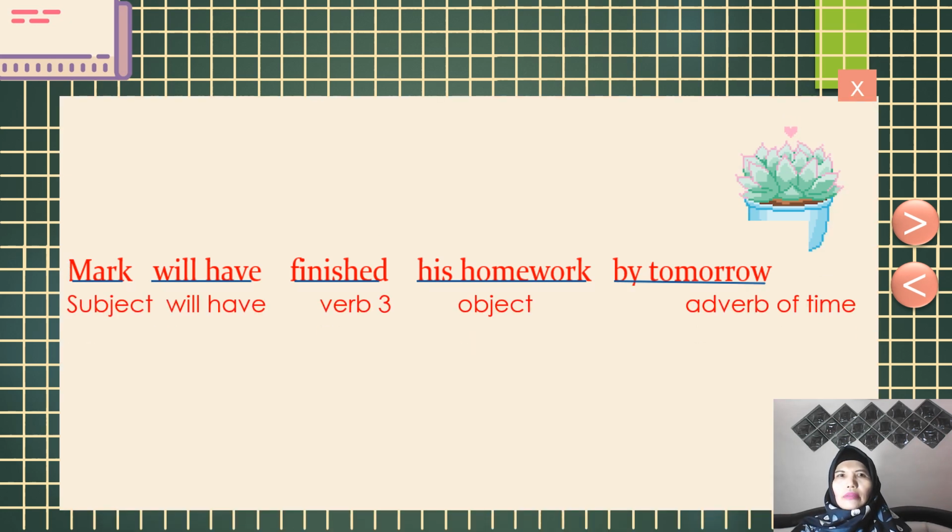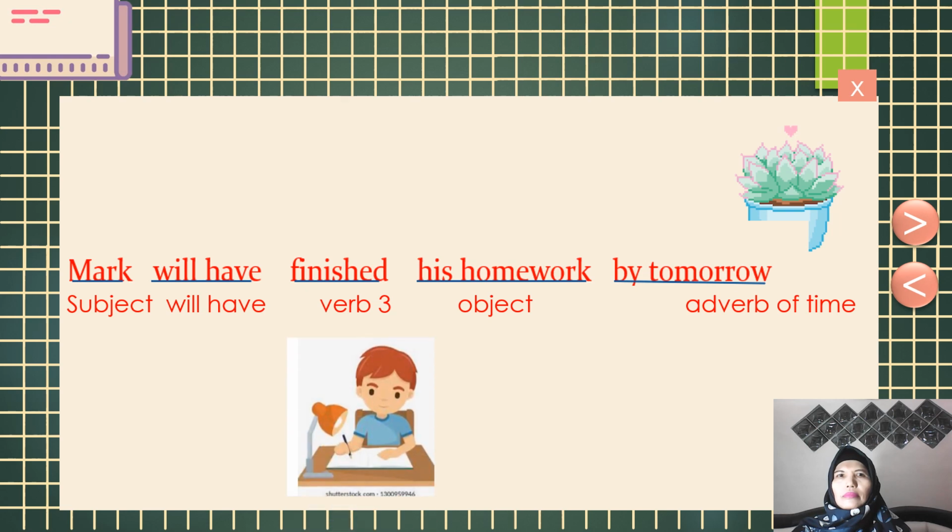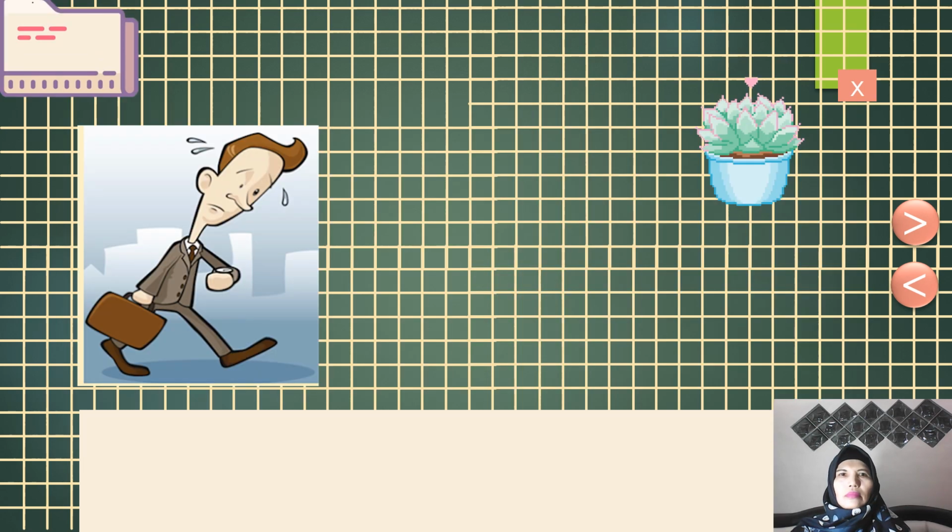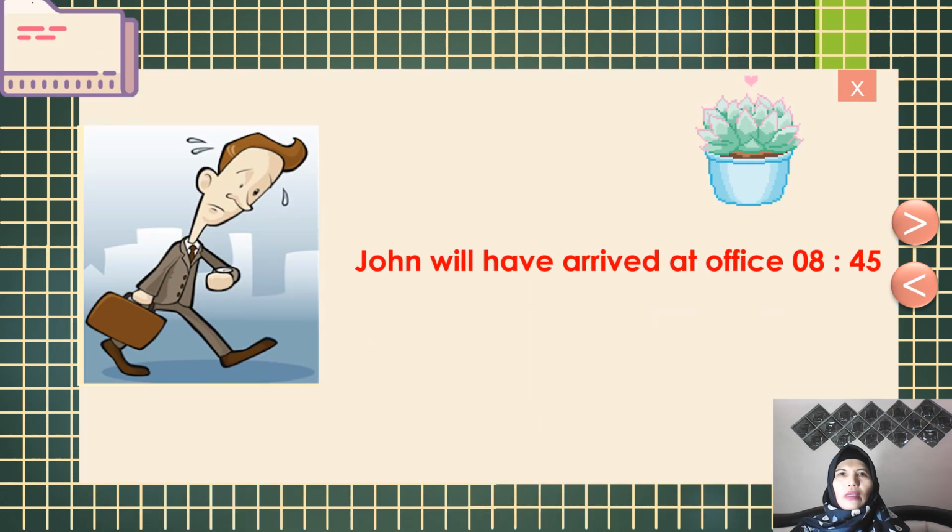Mark is subject, will have, verb 3 plus object plus adverb of time. Mark is subject plus will have, finish is verb 3, his homework is object, by tomorrow is adverb of time. Another example, John will have arrived at office at 8:45.